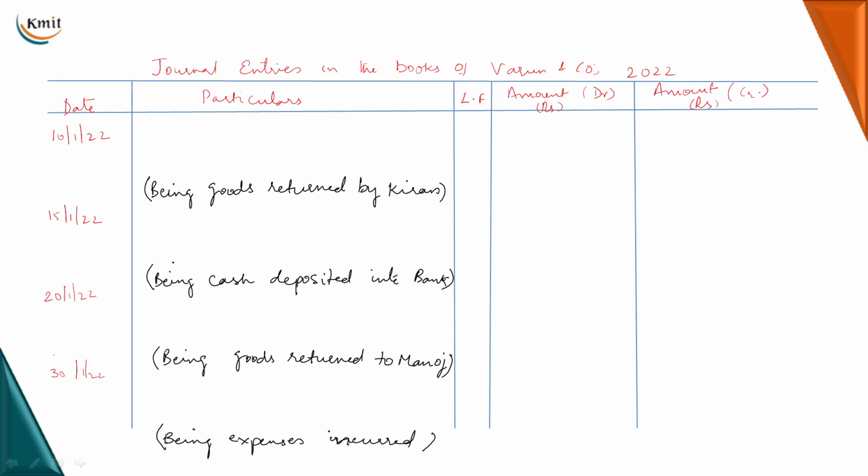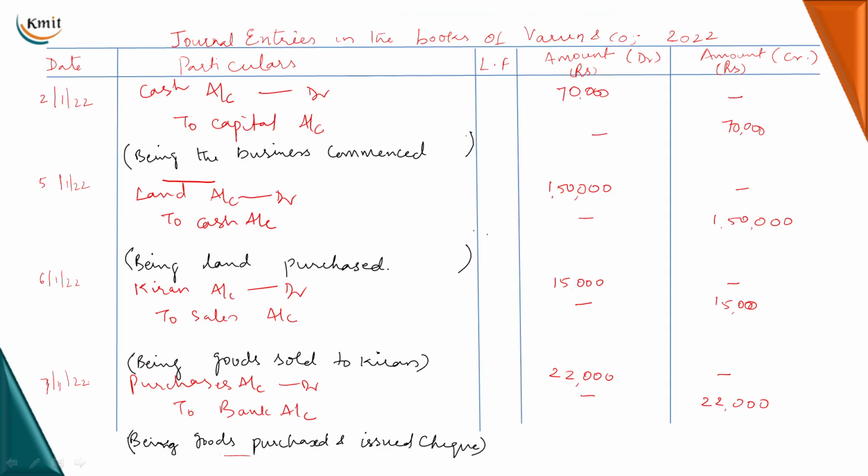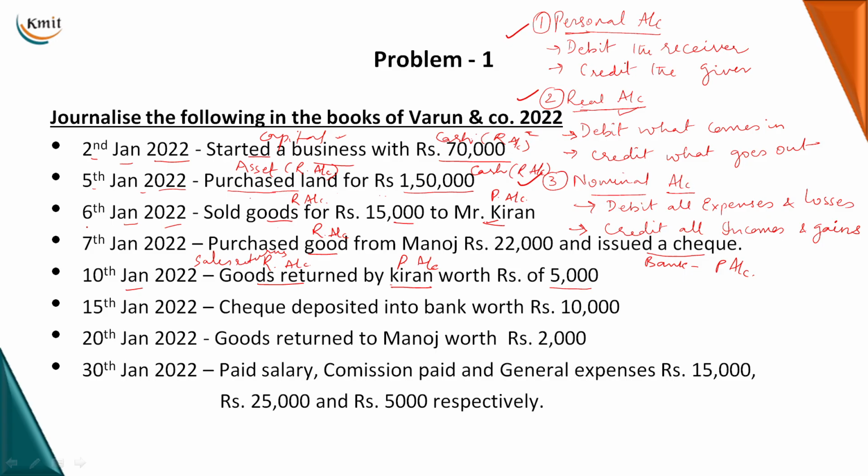So the transaction would be debit what comes in according to the real account. It is goods you are receiving on account of returns, that we call sales returns account debtor to Kiran account, since he is the giver according to the personal account. Now what is the amount to which the returns are made? It is 5,000. And being goods returned by Kiran is the narration for that entry.